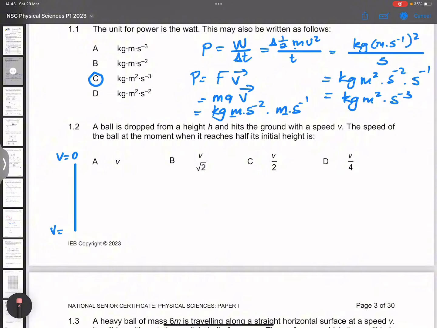So if we use the equations of motion, right, remember, in this case, we've got height, right? What we're not given there is time, isn't it? So I can say, look, vf squared is equal to vi squared plus 2 times a times delta x, right?